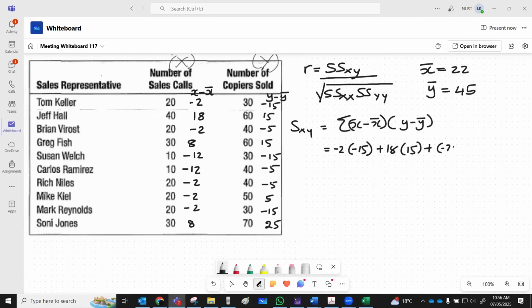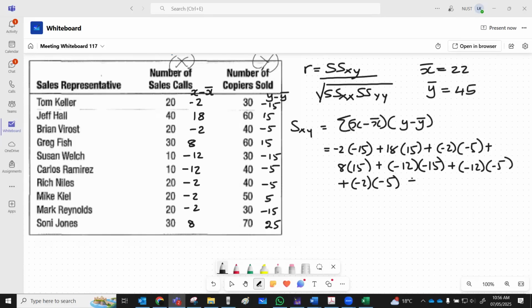Then I have minus 2 times minus 5 plus 8 and 15. And then I have minus 12 and minus 15. And then I have minus 12 and minus 5. Then minus 2 and minus 5.